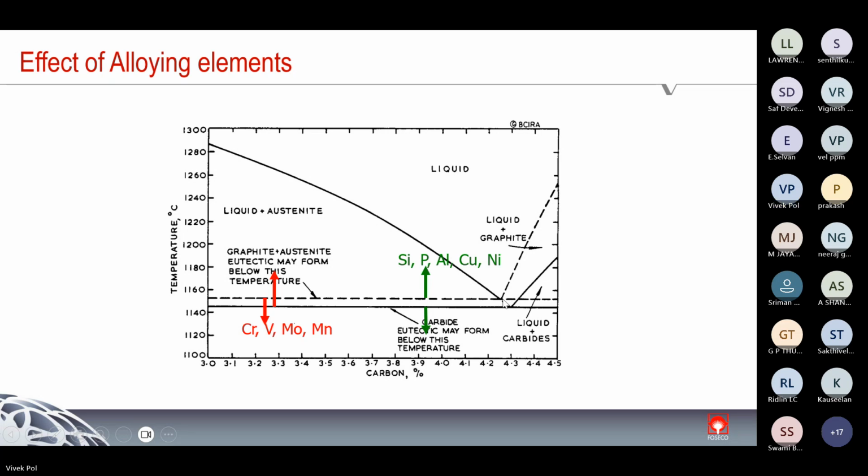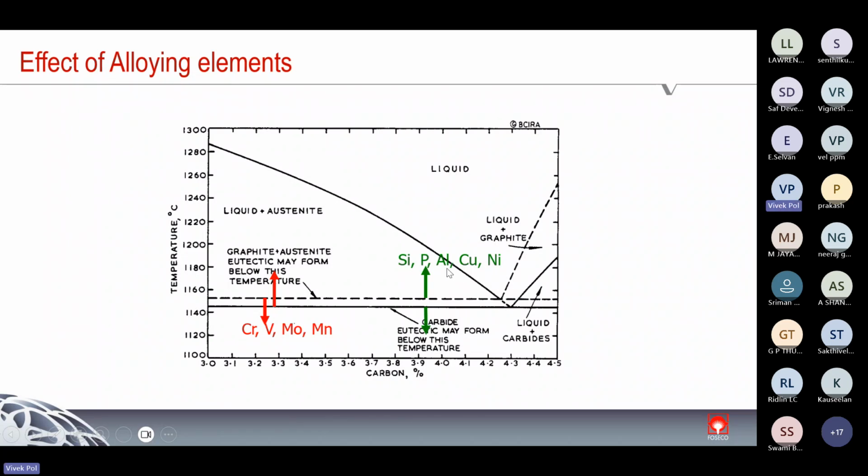So both are not good, and we always need to ensure that the casting solidifies between, below the graphitic line and above the carbonic line.